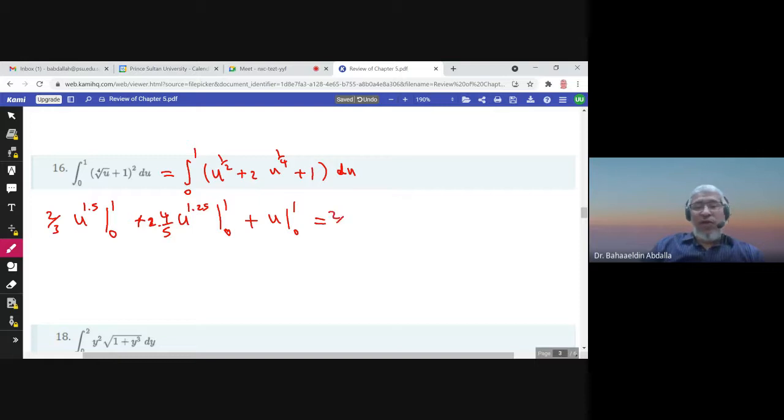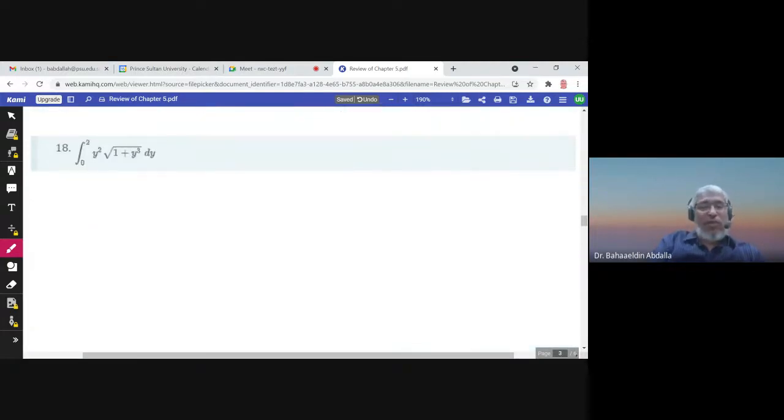Okay, I have 2 over 3 here, and 1 minus 0, so it is 1, plus 2 times 4, 8 over 5, and 1 to any power is 1 minus 0, so that's it. And here 1 minus 0 is 1, so that's the answer. You can add the numbers and write the answer. Okay, it is 49 over 15. That's the exact answer of the integral, the exact value of the integral.